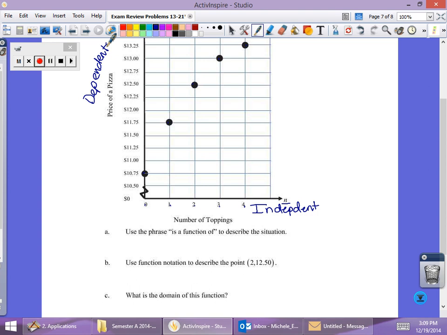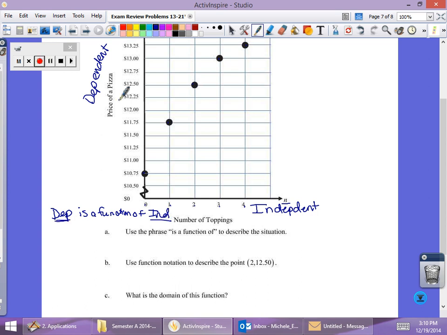Now for A, where we're going to use the phrase "is a function of" to describe the situation, what we learned before is that the dependent variable is a function of the independent variable.